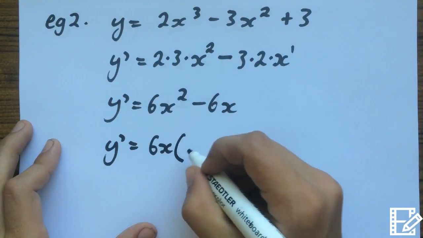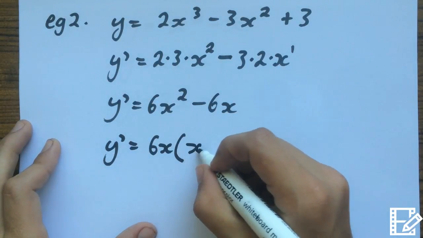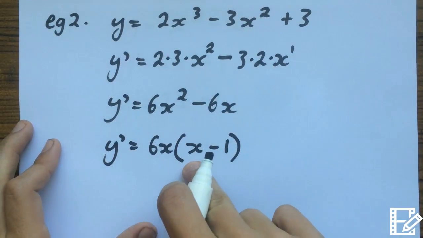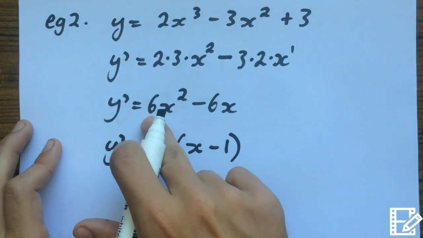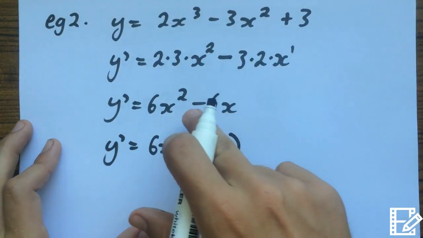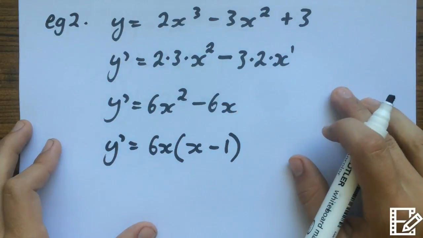And what we're left with is 6x bracket x minus 1. Because if we multiplied 6x on x, we'd get 6x squared. And if we multiplied 6x on negative 1, we'd get negative 6x.